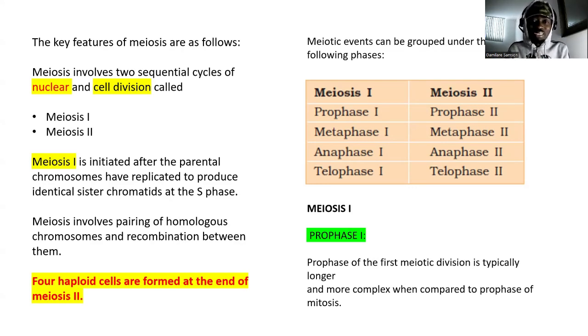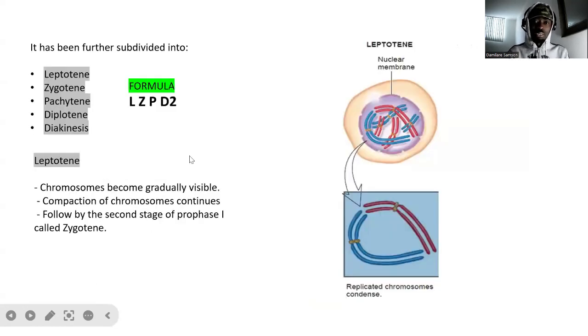But prophase of meiosis 1 is longer than the prophase of mitosis. I think you understand what I'm trying to say now. So we are trying to say it's a long process because a lot of things will go on in prophase 1 of meiosis 1. Okay, so now let's look at what we have here.